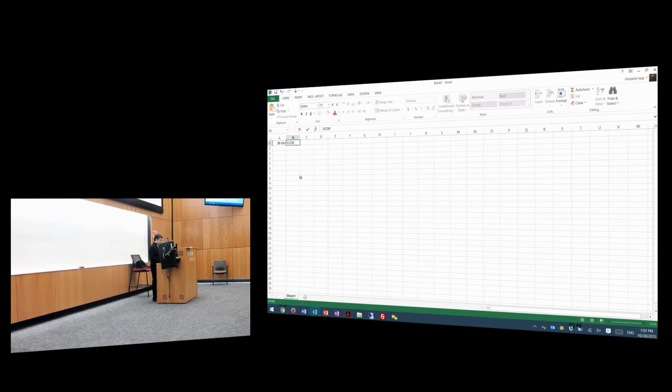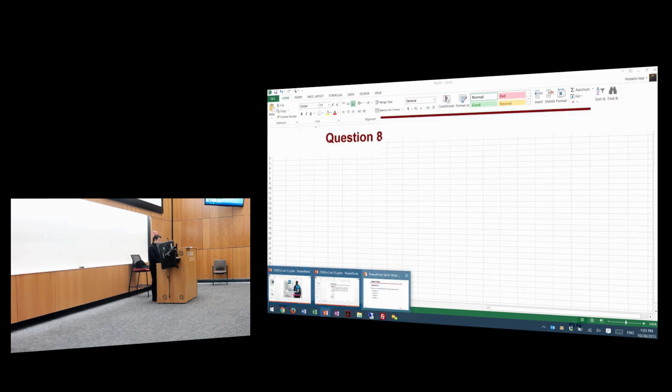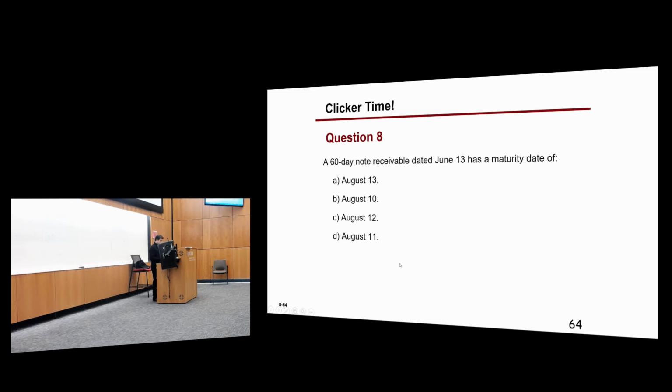If you put 20th of November minus, you simply select those two, minus this one, it will give you how many days. That's 23 days. Just enter the date in two cells and subtract them. It will tell you how many days. I don't know if this will ever be useful to you guys, but okay, go ahead and answer it.